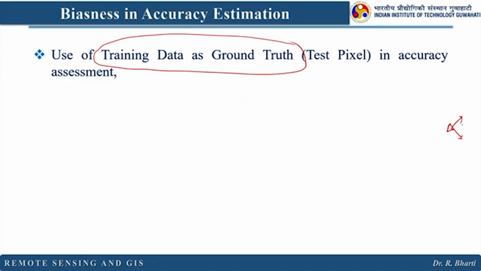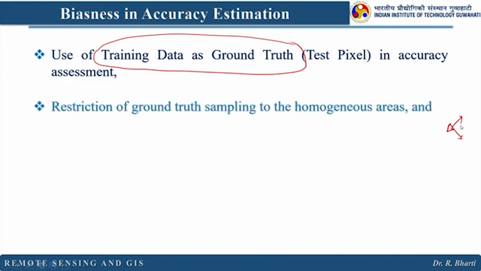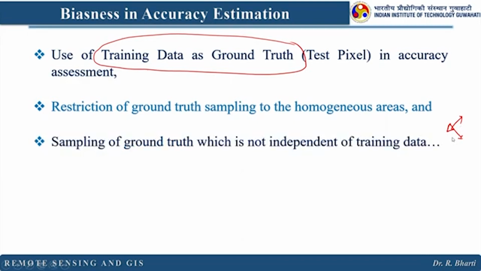So it will be 100%, right? Restriction of ground truth sampling to the homogeneous area, sampling of ground truth which is not independent of training data. So here basically this is very important, sampling of ground truth which is not independent of training data. So they should be different.